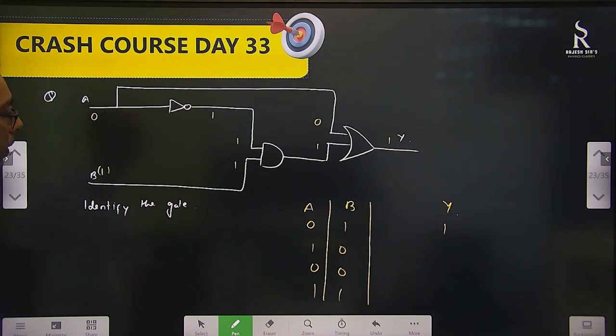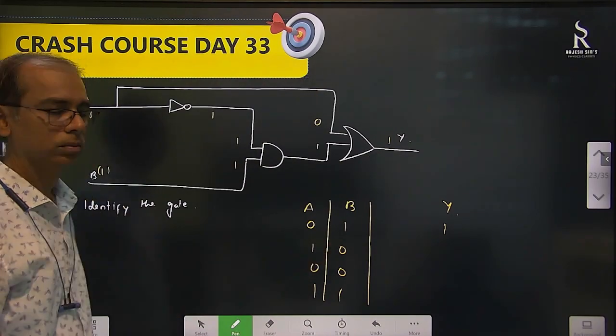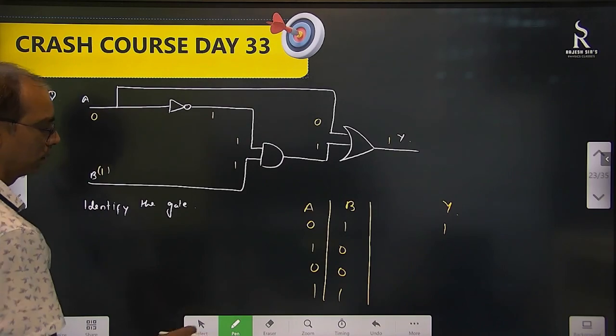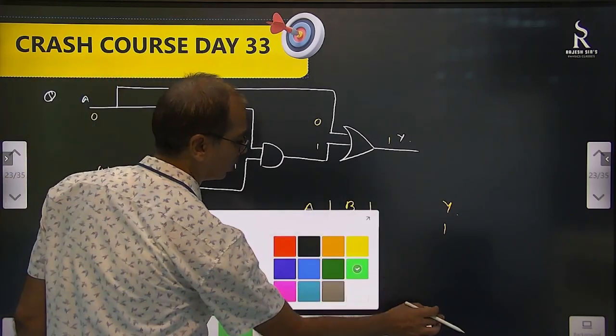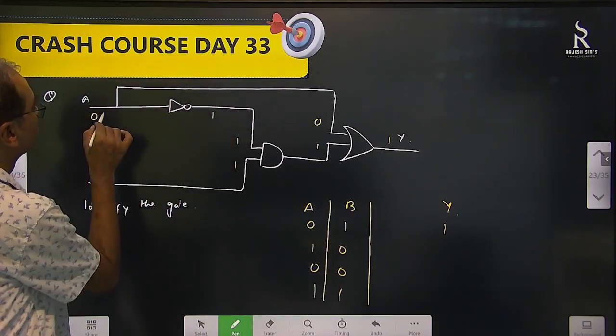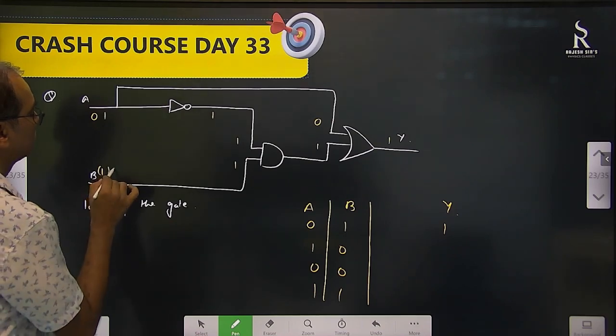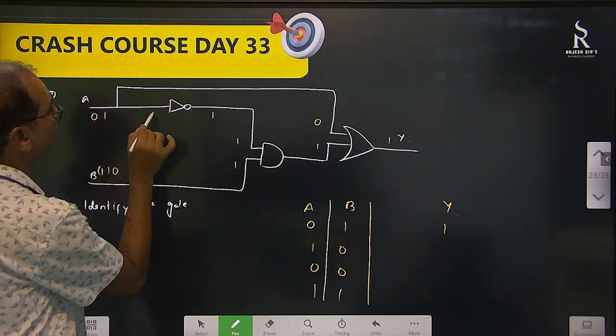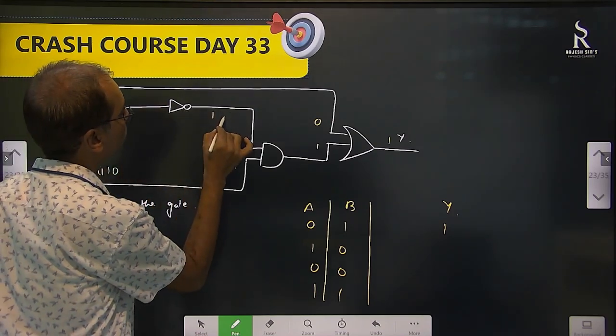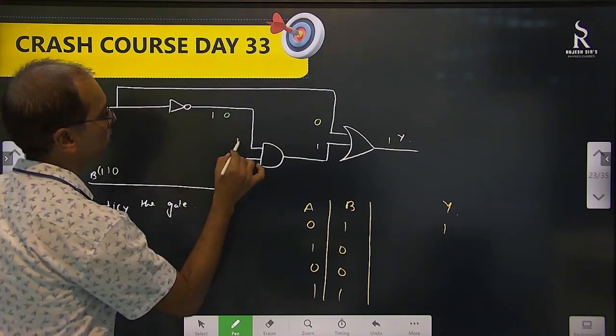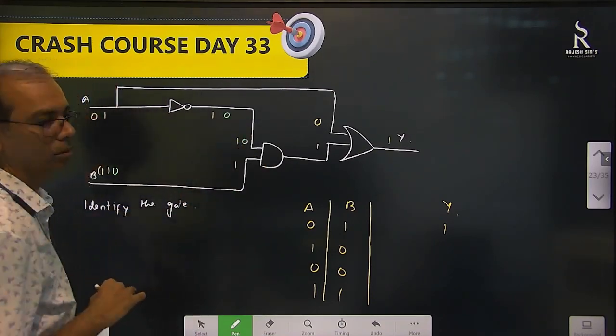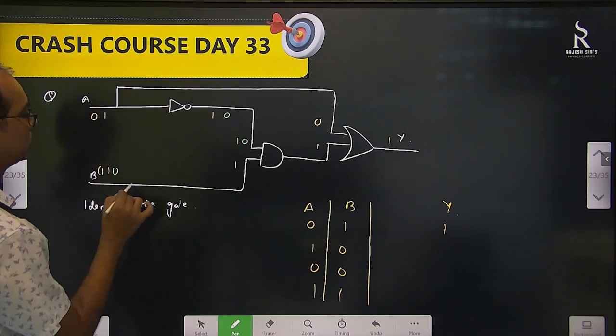Right. Next one, you see 1, 0. Check what is 1, 0 here. Now this is 1 and this is 0. Now if this is 1, this is going to make it 0. So this is 0. Okay. This one is 0.